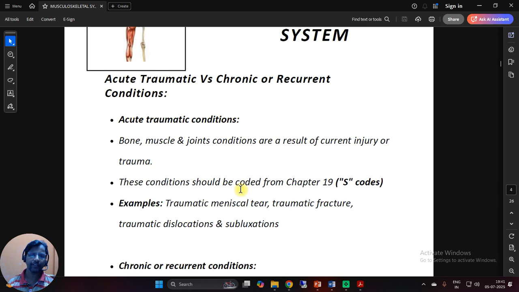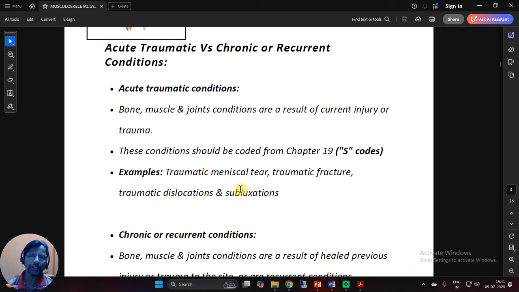Okay. Next, acute traumatic versus chronic or recurrent conditions. What are the acute traumatic conditions? Bone, muscle and joint conditions that are a result of current injury or trauma. So these conditions should be coded from chapter 19, S codes. Basically, acute conditions are current injury or trauma.